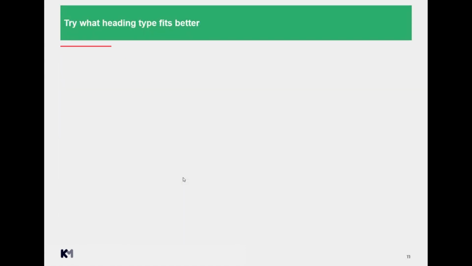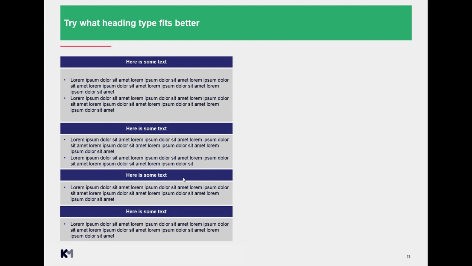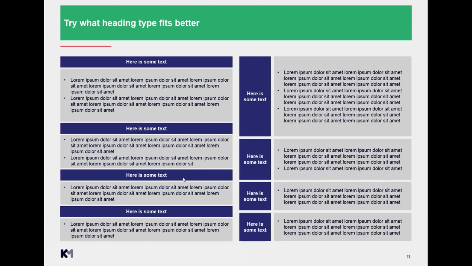So you can always think first about the type of heading that fits better. So we could go maybe for the heading on the top, or we could use the heading on the side. This is something you can always consider to try, and it can help to reach a better font size in many cases.